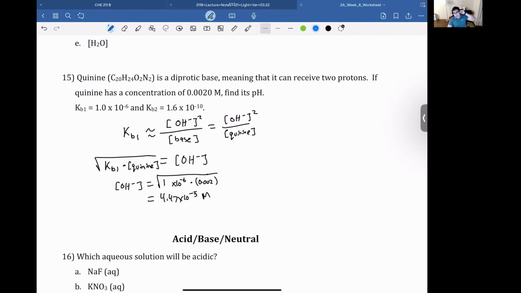Now, what we do here to greatly simplify this problem is we're going to say that even though quinine is diprotic, Kb2 is very small.